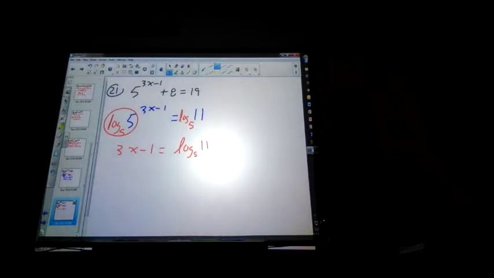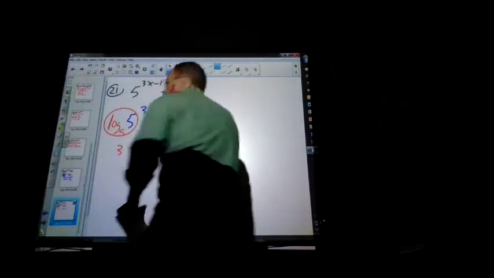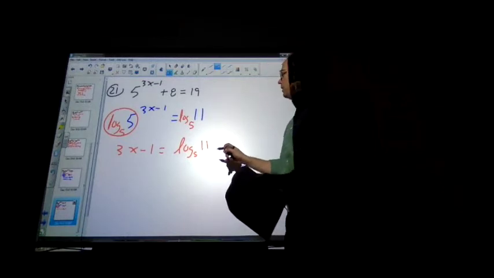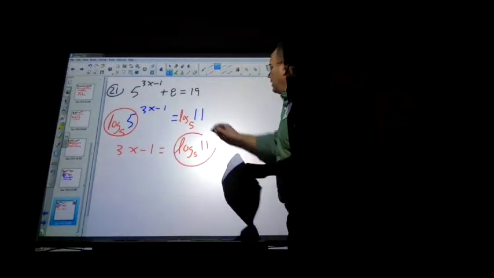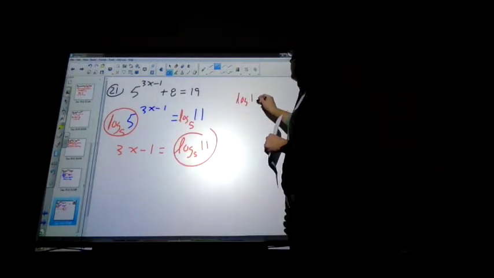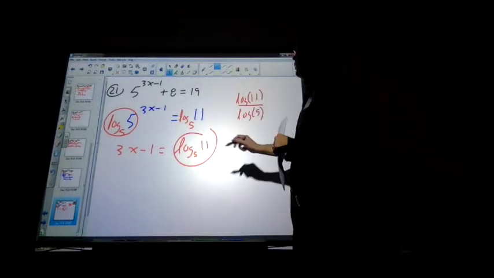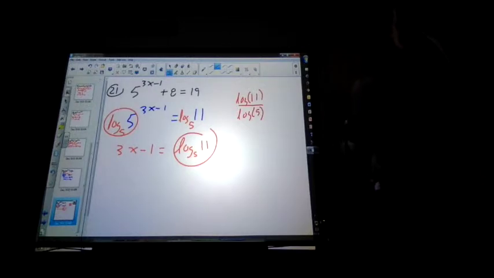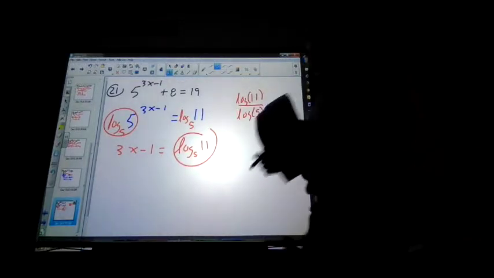Okay. Now, here's the tough part. If this was on the calculator portion of the test, take this and tell me what log 11, make sure you have that in parentheses, divided by log 5 in parentheses would be equal to. Give me 2 decimals. How much? 1.49?